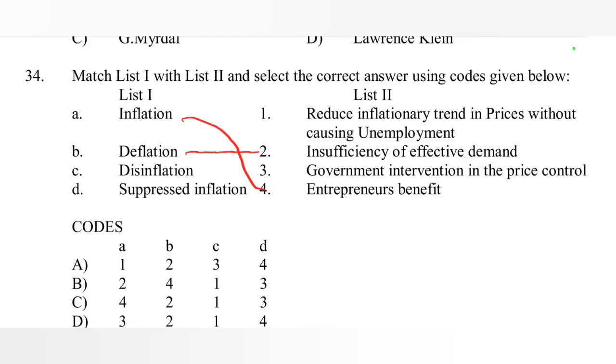Yes, effective demand is very less. Then disinflation reduces inflationary trend in prices without causing unemployment. Then suppressed inflation is government intervention in price control. It is called suppressed inflation, when government intervention is there to suppress or reduce price. So A for B2, C1, D3, option number C.